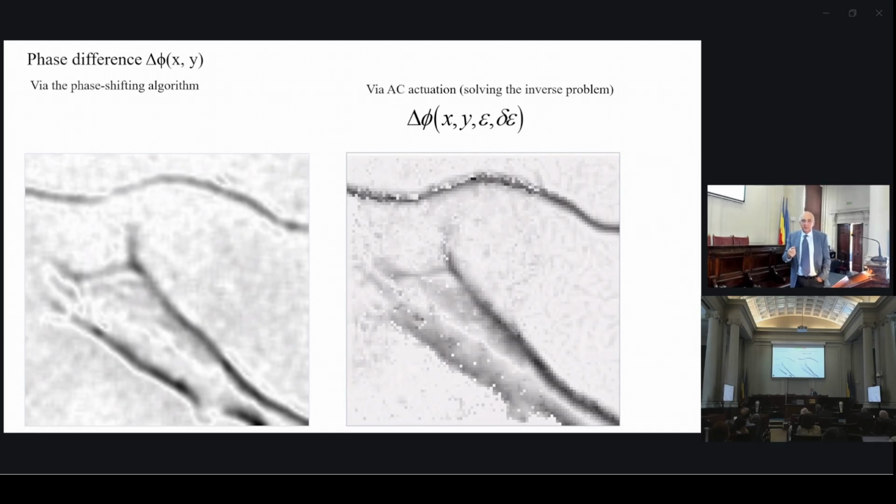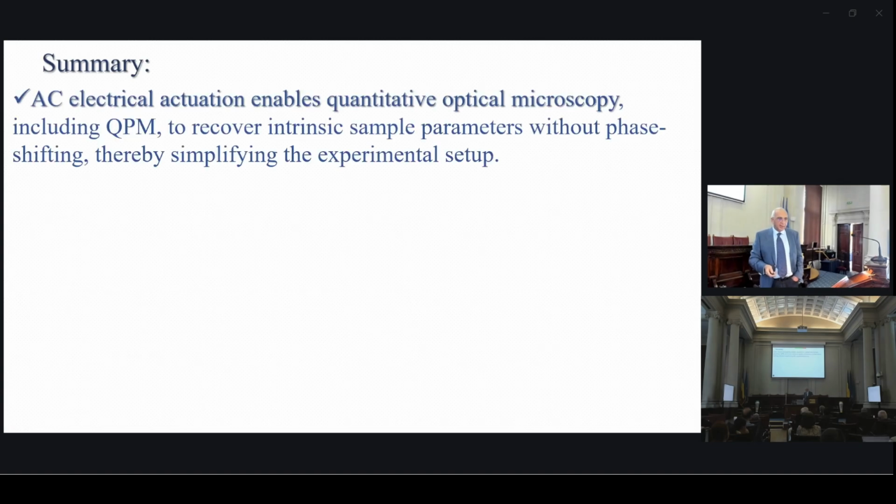So for me, this was important because the challenge was to have clear information that it is possible to obtain the same type of information not by phase shifting, but via electrical actuation. It is not only simpler, perhaps even cheaper, but it provides more information because it allows you to solve the inverse problem. So it is not entirely trivial.